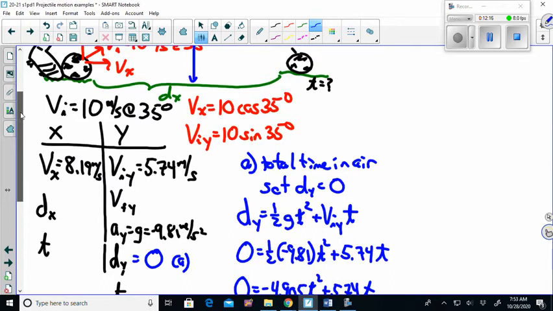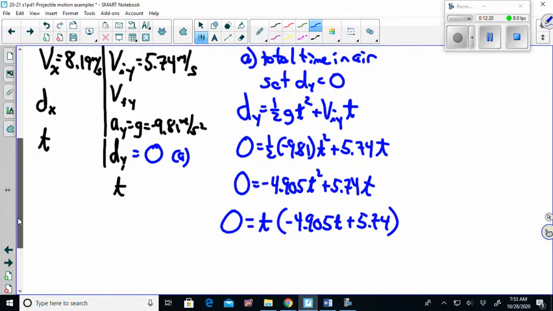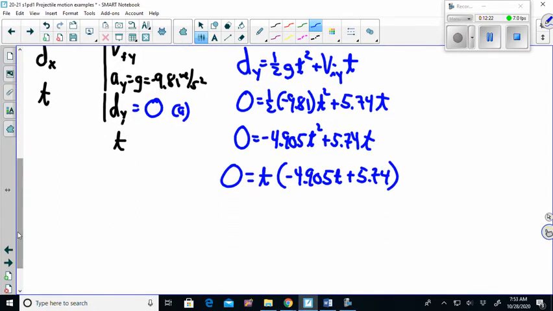The height is also 0 when it reaches this time over here. That's this factor, the second factor of the quadratic. So I'm going to set that second factor equal to 0 and solve for t.